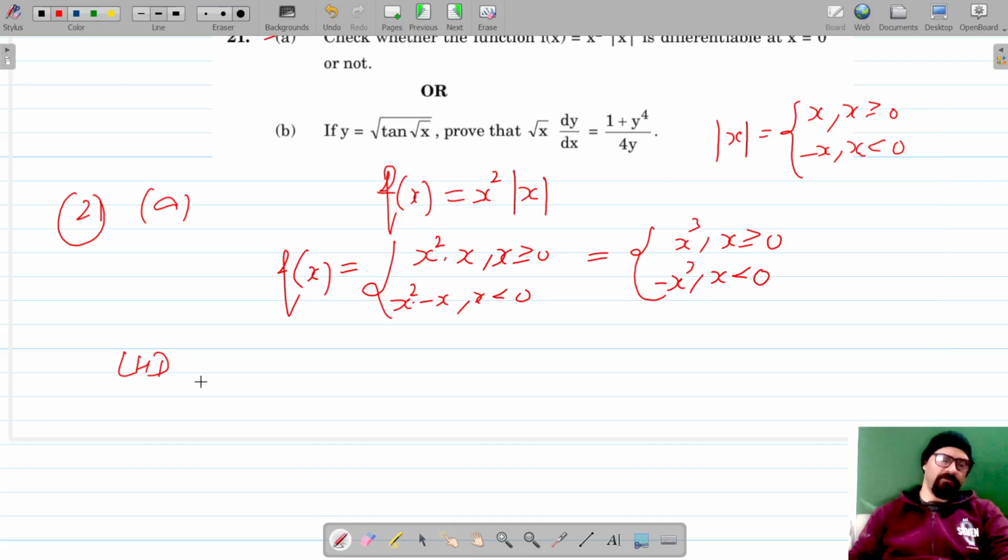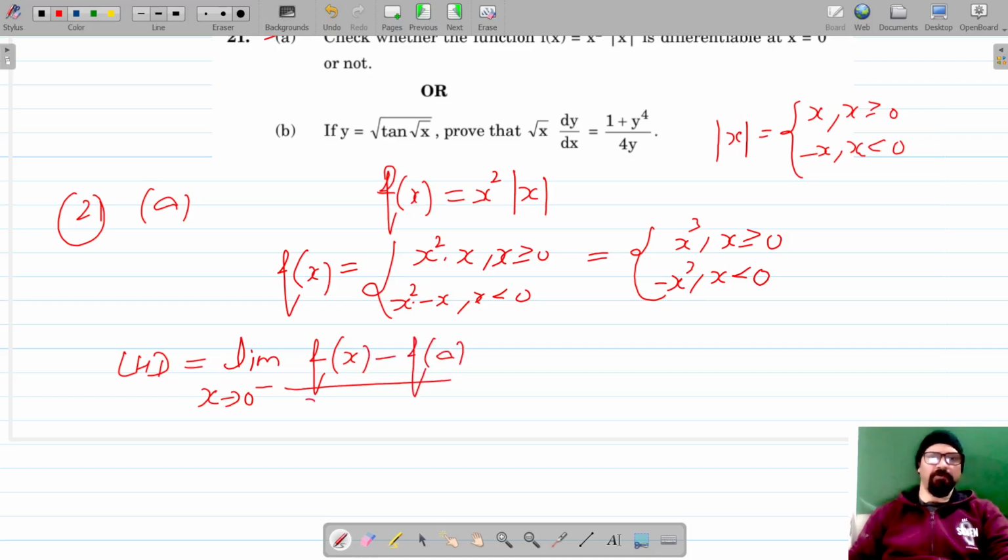So we are going to find out the left-hand derivative. The left-hand derivative is given by limit x tends to 0 negative, of f of x minus f of a upon x minus a. So f of x here would be for x less than 0, because it's x negative. So this is now limit x tends to 0 negative, and f of x for x less than 0 is negative x cube, minus f of a.